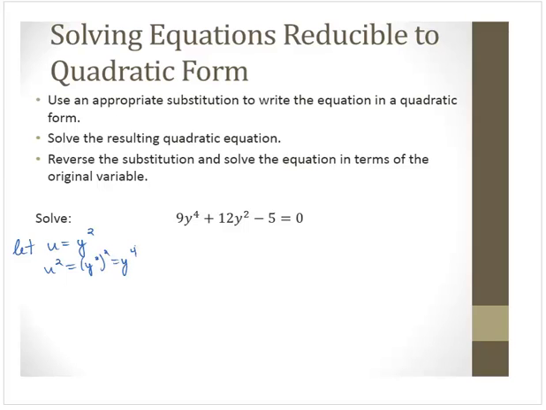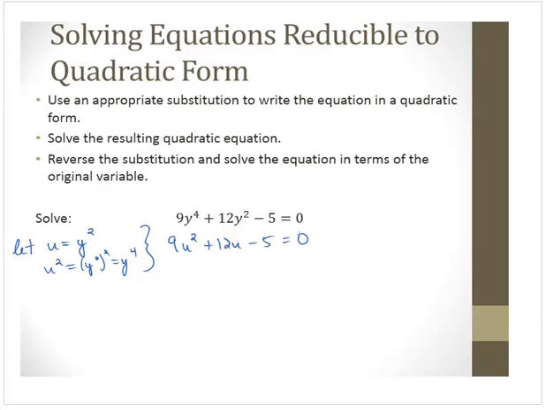And so using this substitution, I can rewrite the equation as 9u squared plus 12u minus 5 is equal to 0. And so that original equation is now reduced to a quadratic form in u.